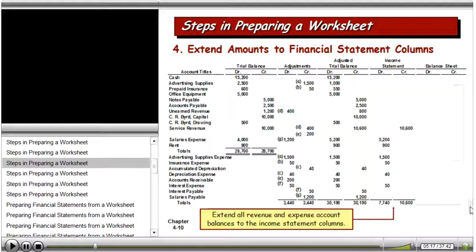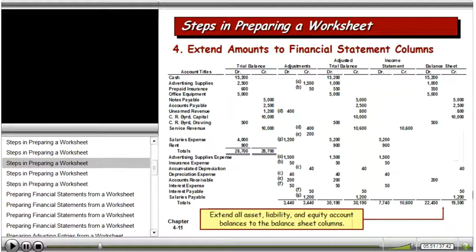Notice that the debit column here is 7,740 and the credit column is 10,600. So those don't equal. We have a revenue of 10,600 and we have expenses of 7,740. That means we have a net income. If our debit column there was larger than our credit, then we have a loss. But notice that those don't balance at this point. We're going to fix that in just a second.